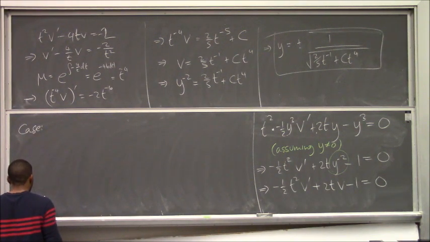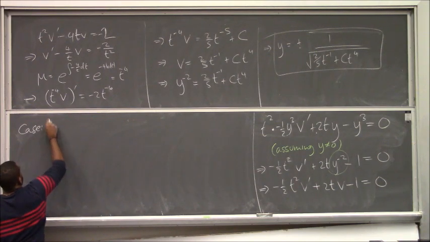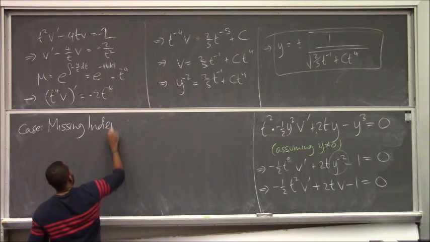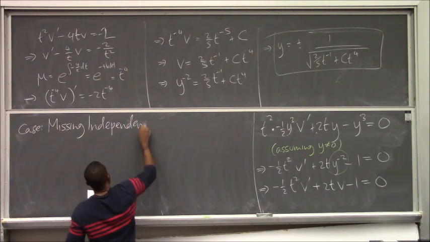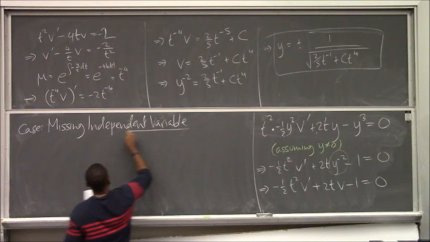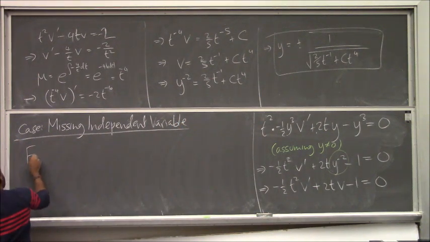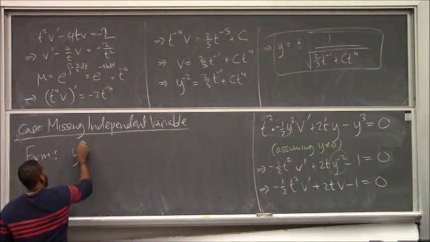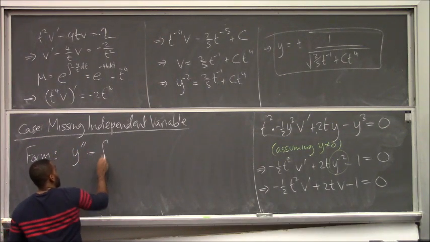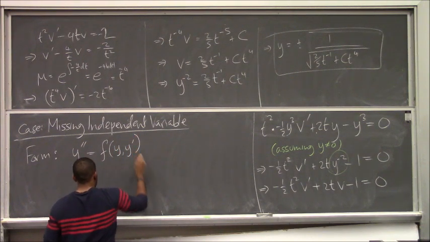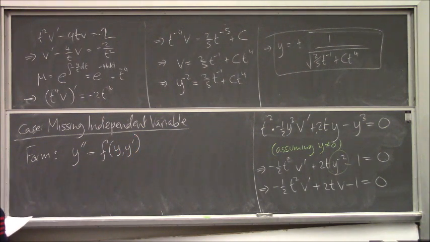Let's say the independent variable is missing, i.e. you have something that looks like y double prime equals some function of y and y prime, meaning there's no t or x. The independent variable is actually missing.